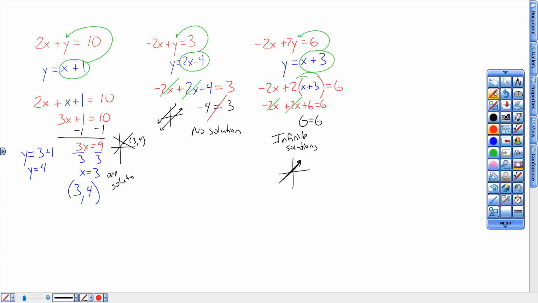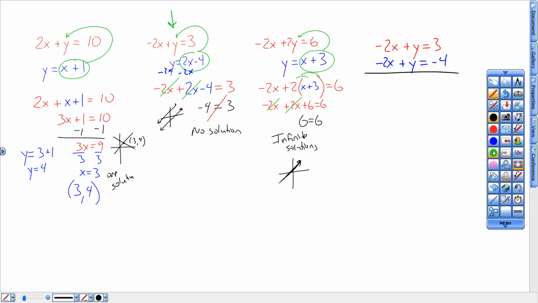So if I took this middle one here and did the linear combo method, it would look like this. Negative 2x plus y equals 3. And I would solve that bottom one algebraically by taking away 2x on both sides. And that would give me negative 2x plus y equals negative 4. This would have nothing cancel.